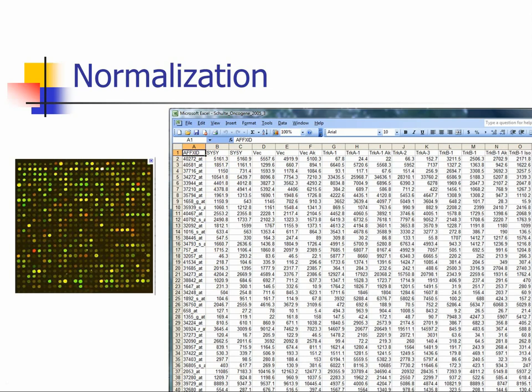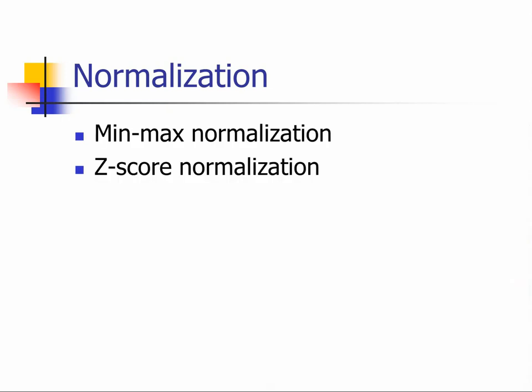That is what we need data normalization for. There are many different ways of handling it. The two most popular approaches that I and researchers often use are min-max normalization, as well as another famous statistical operation called z-score normalization.